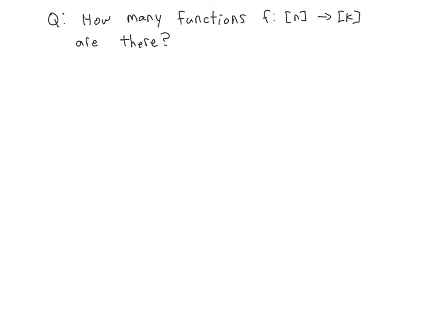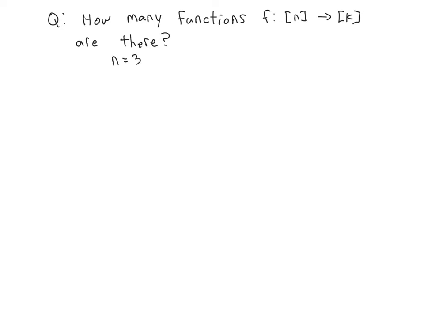Now we ask ourselves, how many functions are there where the domain consists of the integers 1 through n and the codomain consists of the integers 1 through k? It turns out we actually do know how to solve this problem already, and so I will illustrate it with the case where n equals 3.